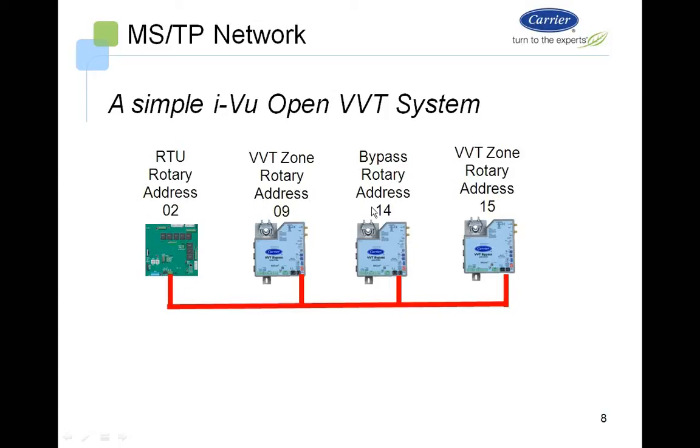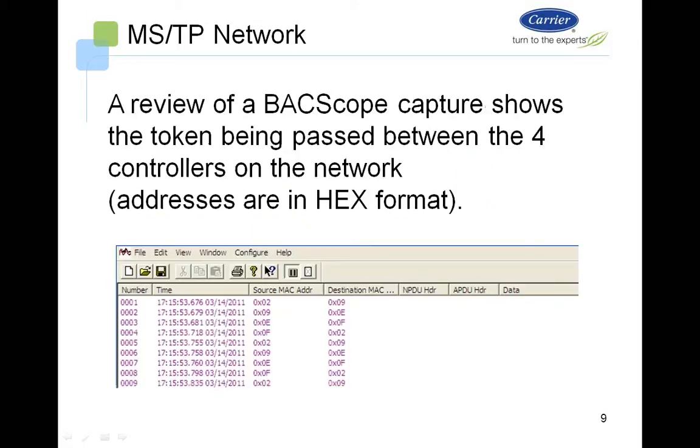If we look at bus information using backscope in this example, we can see the token being passed between the 4 controllers. Looking at the backscope capture, we see address 2 passing it to address 9, address 9 passing it to address 15, and address 15 passing it to address 16, and then the next master after 16 is going back to address 2, so they're going back and passing it along.